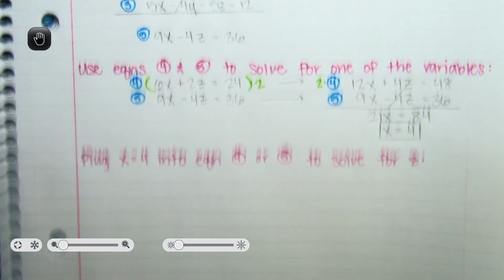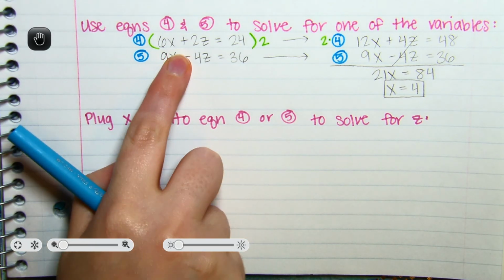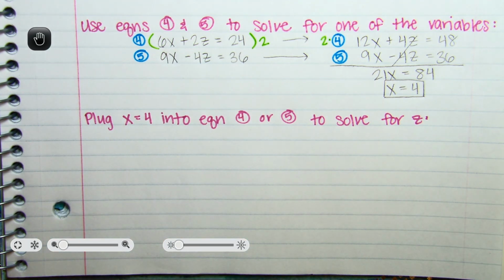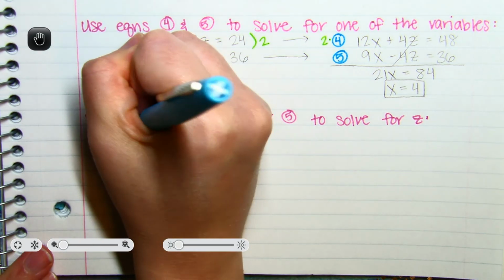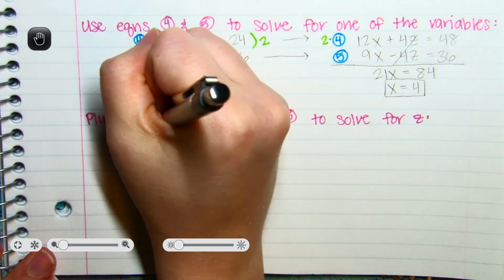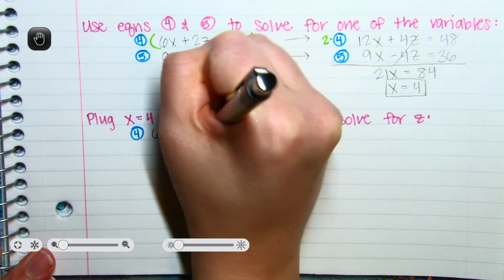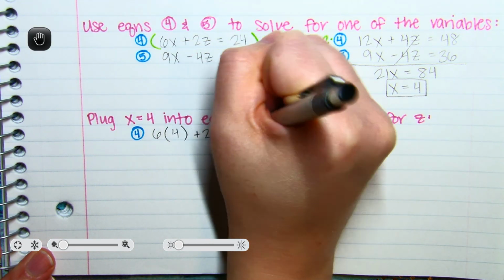I'm going to look at my equations and say, well, equation 4 has smaller numbers. I'm going to plug it into equation 4. So just so everyone knows which equation I'm using, I'm going to write the little 4 there and plug in my value for x.